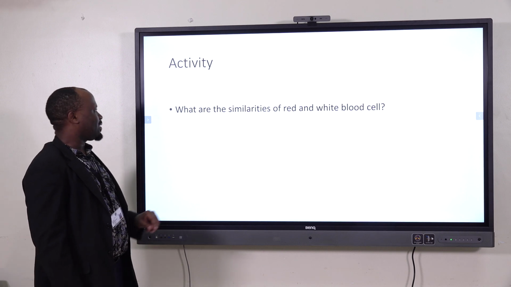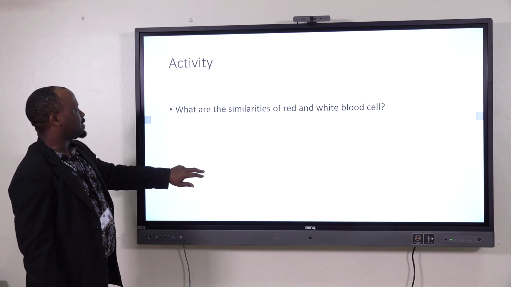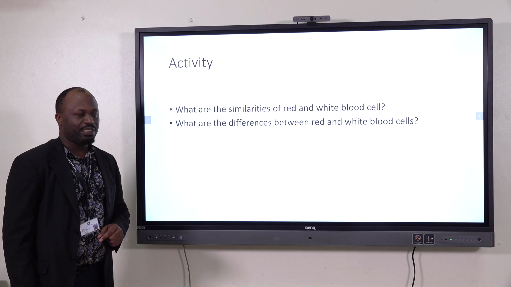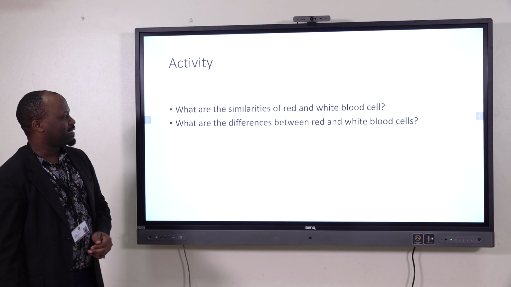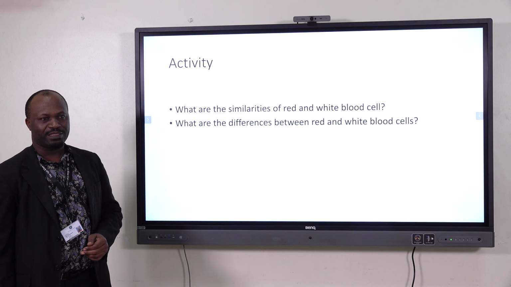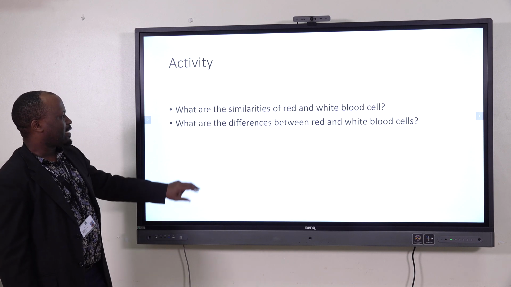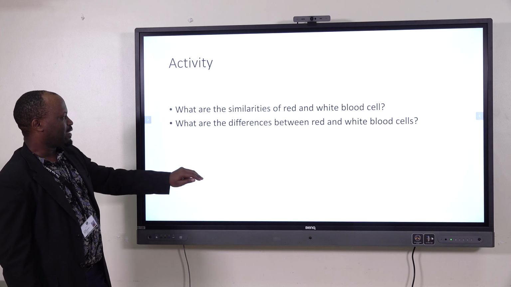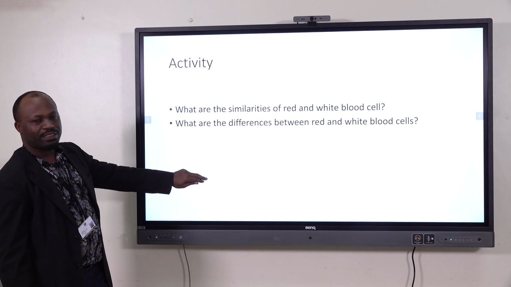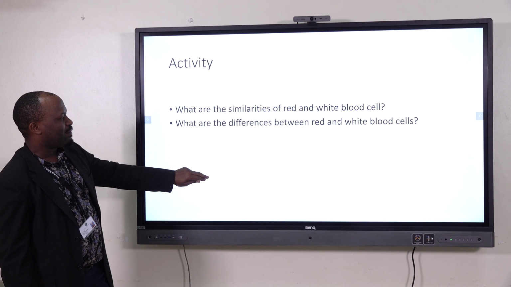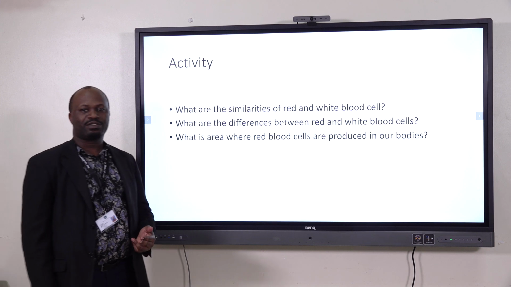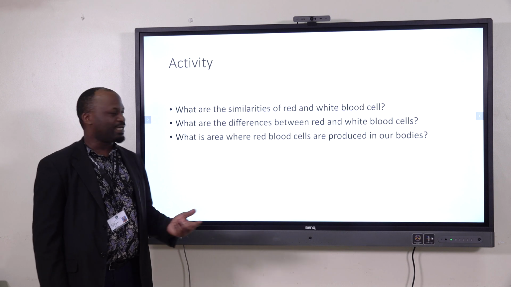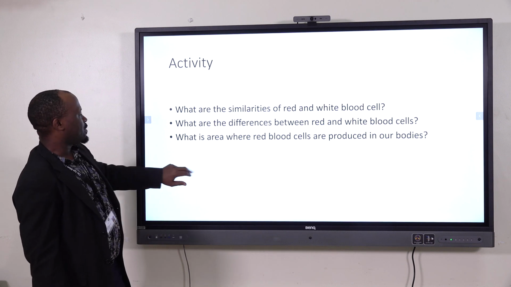The activity requires you, number 1, to bring out the similarities between red blood cells and white blood cells. Another activity will require you to differentiate between red blood cells and white blood cells, and it may be in terms of their functions, their location, or where they are produced.